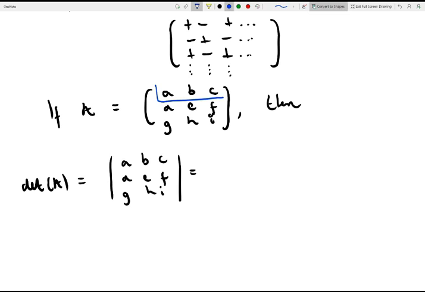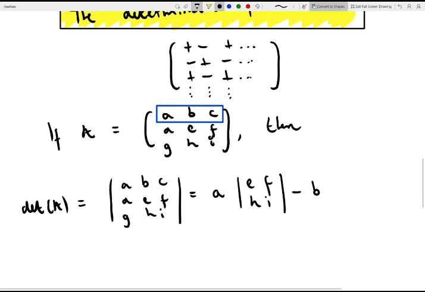Now this is working around the first row here. So first of all, in this blue box we have A, and then we remove the column and the row which A are in, and we multiply by the minor that's left, E, F, H, and I. And now if we remove these lines, then we take B, so we have minus B, and it's minus because of this plus minus matrix at the top.